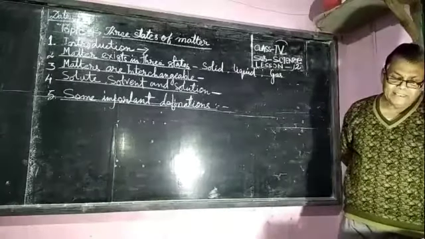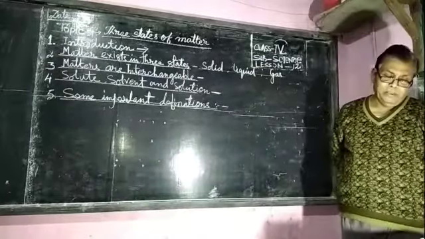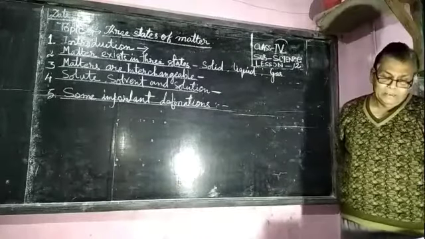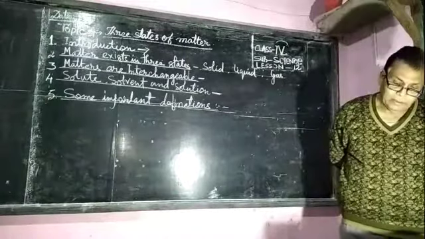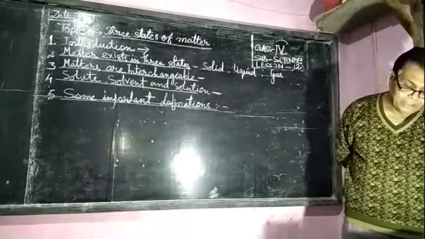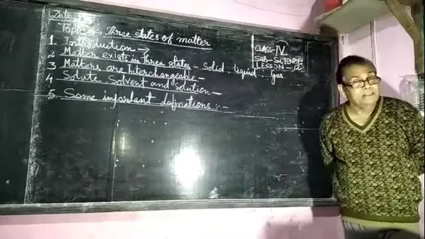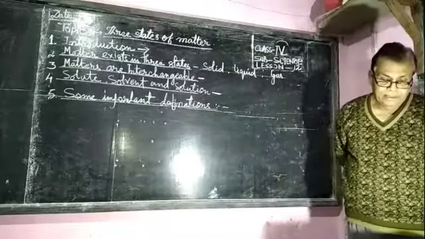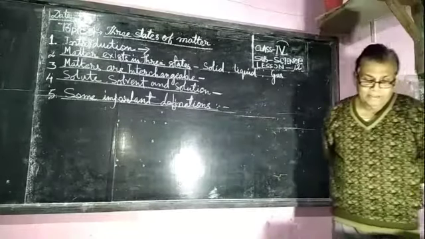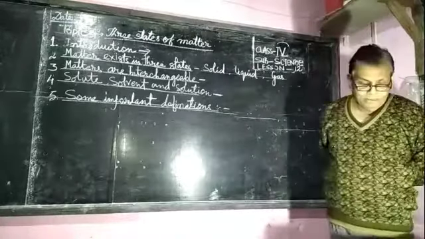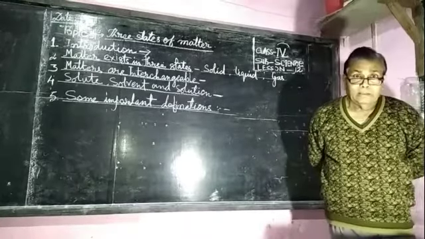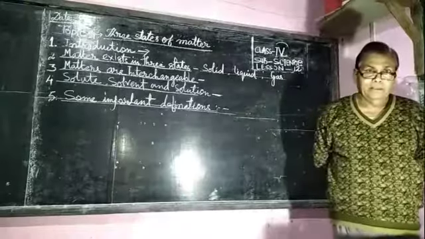Similarly, a gas can be changed into a liquid and a liquid can be changed into a solid. These changes occur as the temperature decreases. Thus, we can say that the three states of matter are interchangeable. Now see the pictures of it.